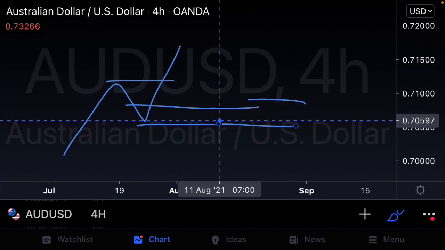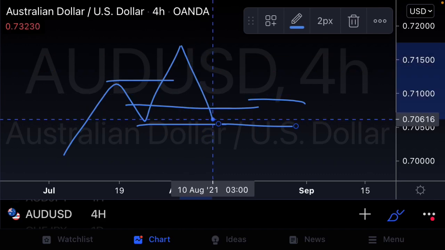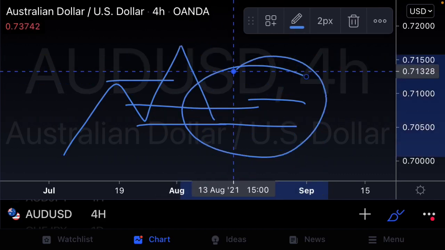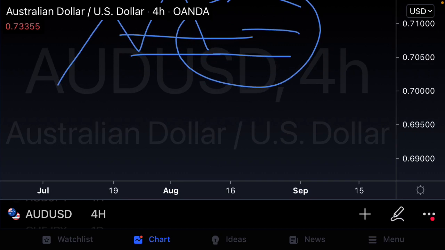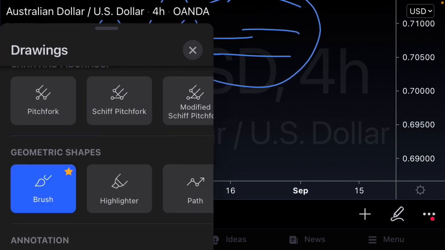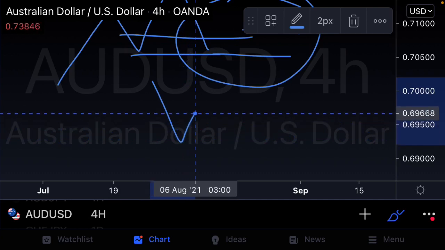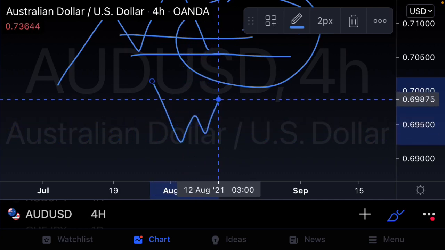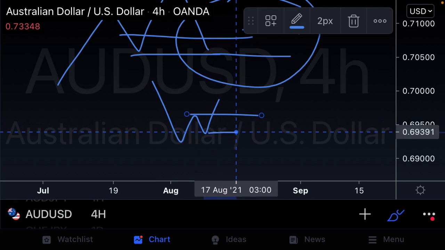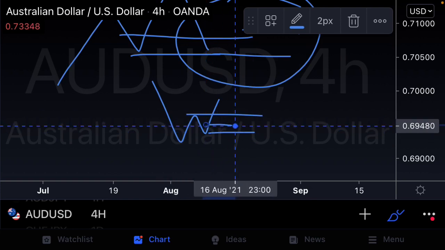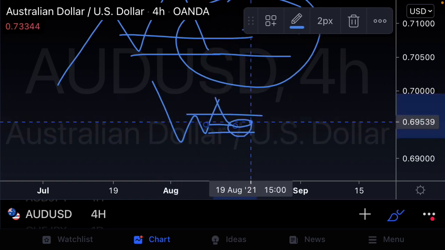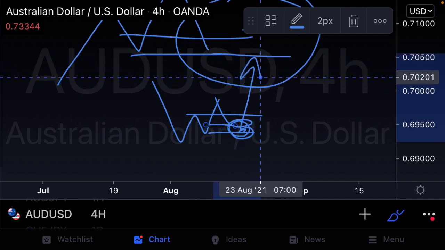Now, for confirmation, like I said in the beginning of this video, guys, what we could be looking for is when price gets into this area on a smaller time frame. So we come down on a smaller time frame. What we're looking to see is price violate resistance, create a new order block, and we wait on that smaller time frame for price to come back into this order block, and we look for a bullish continuation trade.